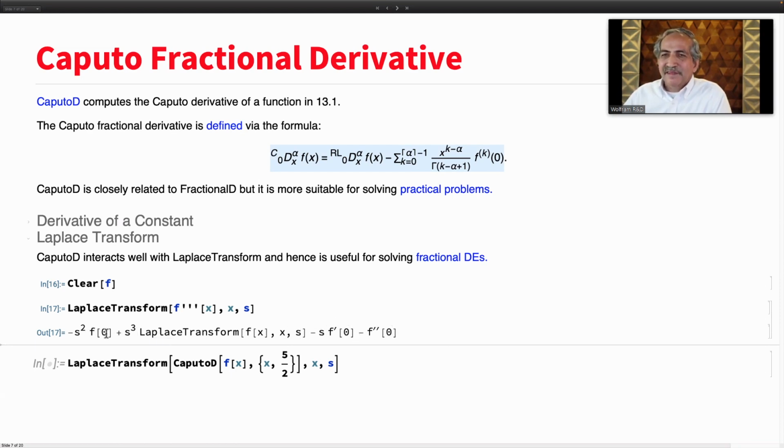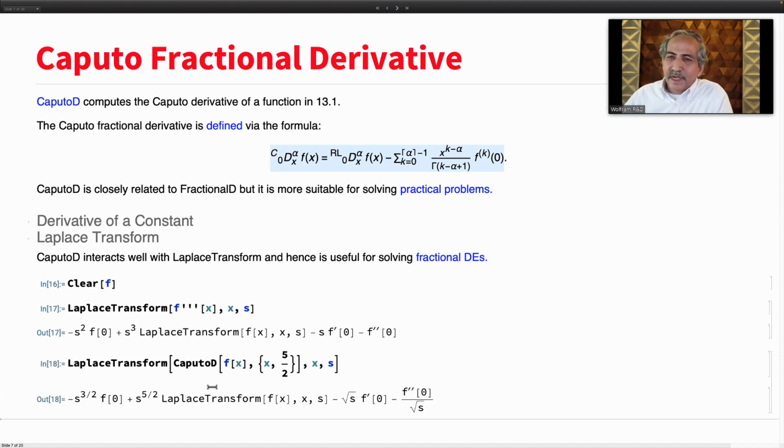And what you get back basically is something like a polynomial in S squared, S cubed, etc. And if you do the Laplace transform of CaputoD of order 5 over 2, very close to 3, then you get back something very similar, but now you get back fractional orders of S. So CaputoD is very similar in its behavior to the Laplace transform, but not quite, because you have these fractional powers of S coming up.